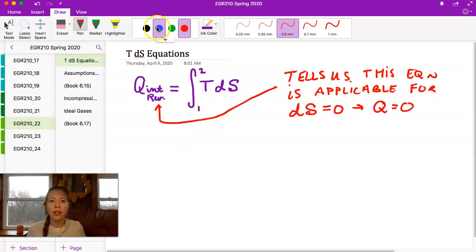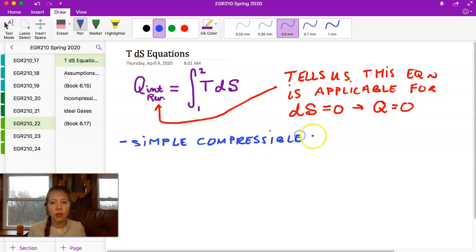So remember, the assumptions built in is that this is for a simple, compressible system and a pure substance.